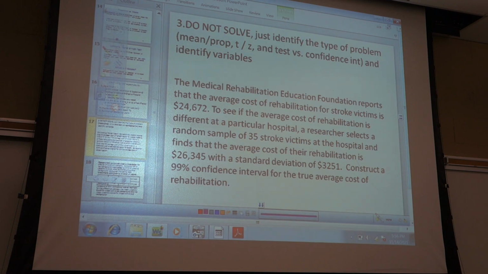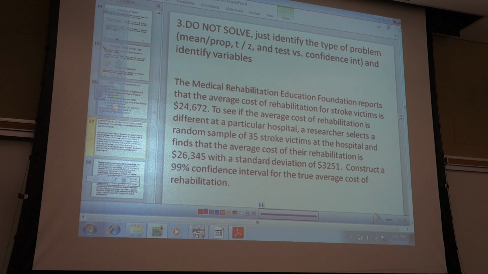To see if the average cost of rehabilitation is different at a particular hospital, researchers select a random sample of 35 stroke victims at the hospital and find that the average cost of their rehabilitation is $26,345 with a standard deviation of $3,251. Construct a 99% confidence interval for the true average cost of rehabilitation.